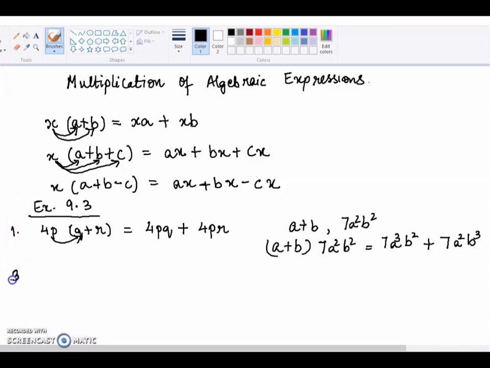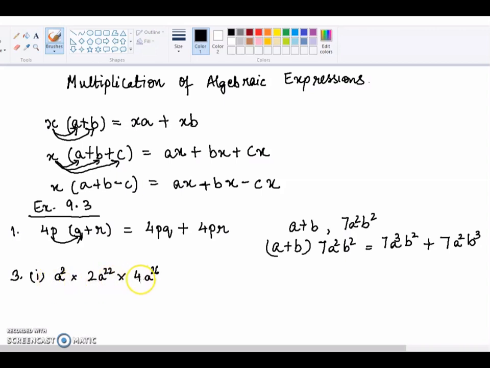So question number 3, the first part. You have to multiply a square into 2a raised to the power of 22 into 4a raised to the power of 26. Now here you can use laws of exponents also. First multiply the coefficients. 2 into 4 will be multiplied. Here the coefficient is 1.